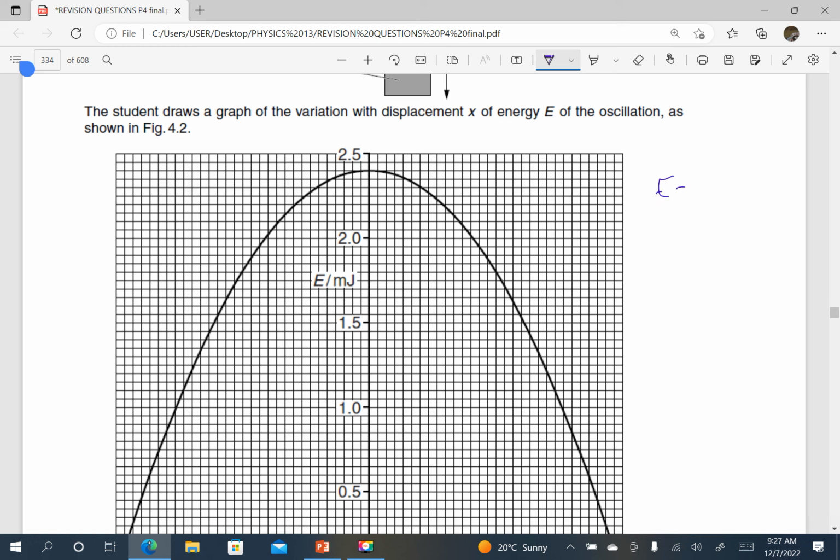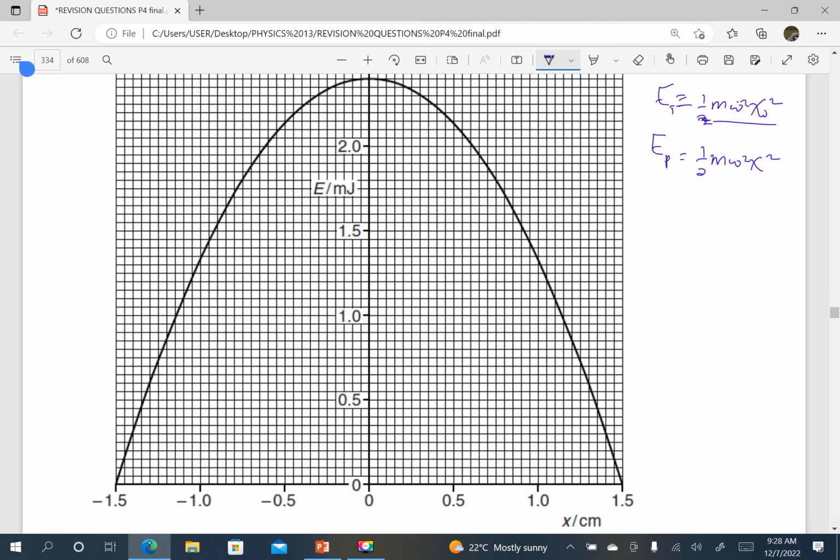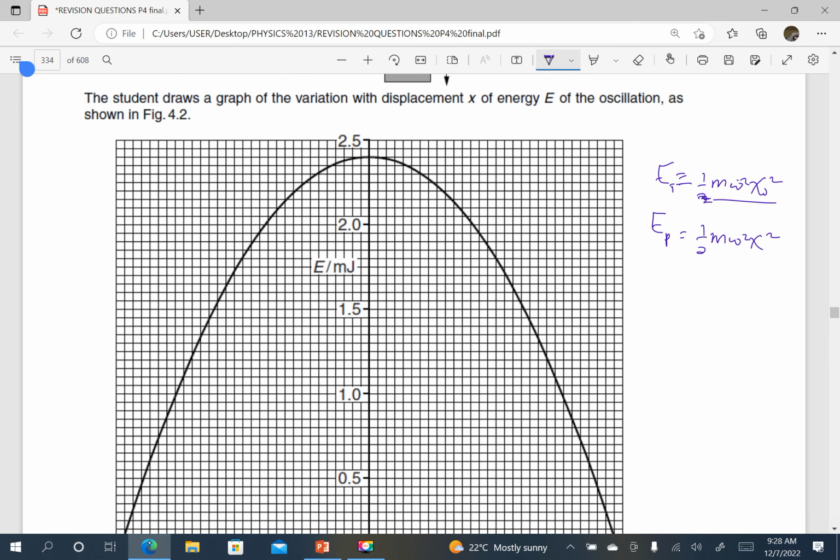Total energy, E total, is equal to a half m omega squared x naught squared. All these are constants. Total energy is a constant. Potential energy, E potential, is equal to a half m omega squared x squared. Potential energy is directly proportional to x squared, so when displacement is 0, potential energy should be 0. That means this graph cannot be for potential energy, because here when displacement is 0, the energy is at its maximum value.